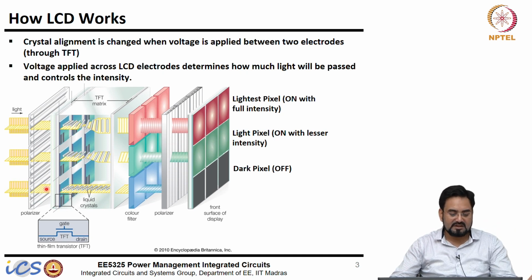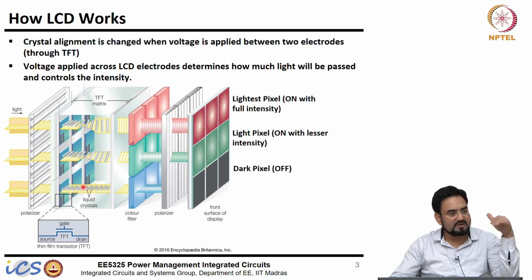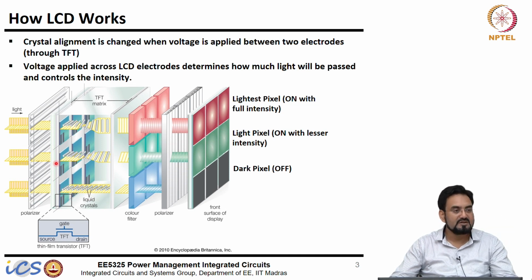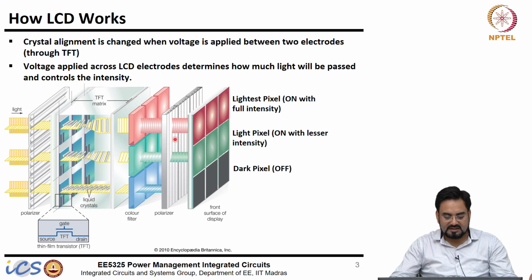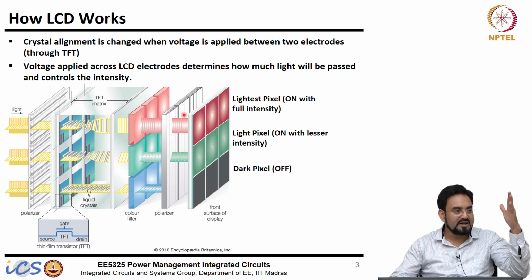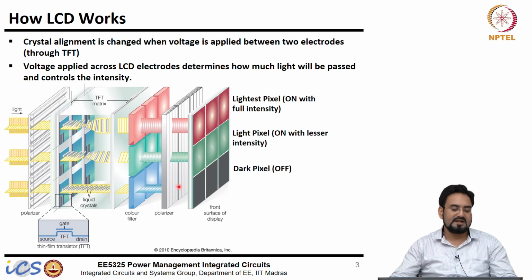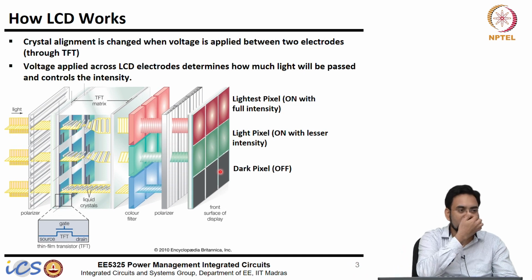Okay. So now if this liquid crystal's orientation is also the same as your polarizer, what will happen? It will guide the light in the same direction. Okay. And now the polarizer on the right hand side is vertically placed, so it will block all the light, and what you will see is all black in the output.